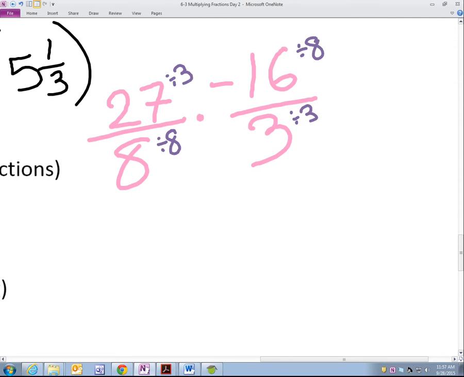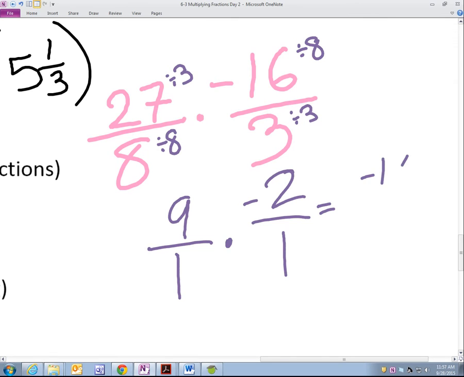So now I have this reduced. 27 divided by 3 is 9. 8 divided by 8 is 1. -16 divided by 8 is -2. And 3 divided by 3 is just 1. So it just becomes -18.